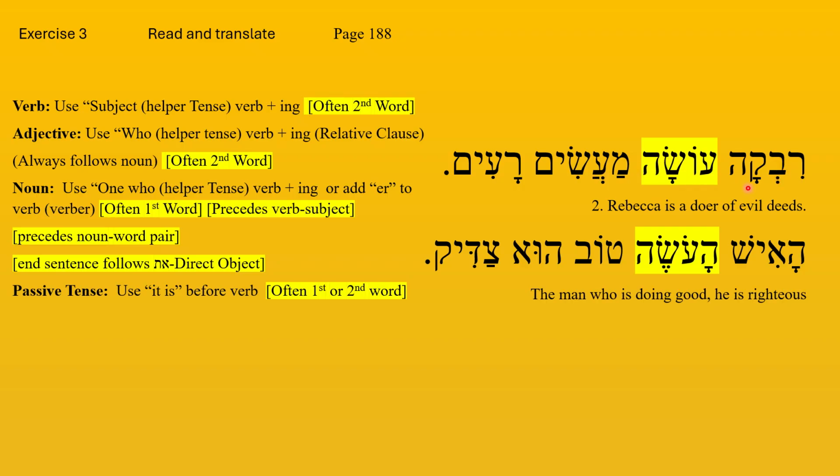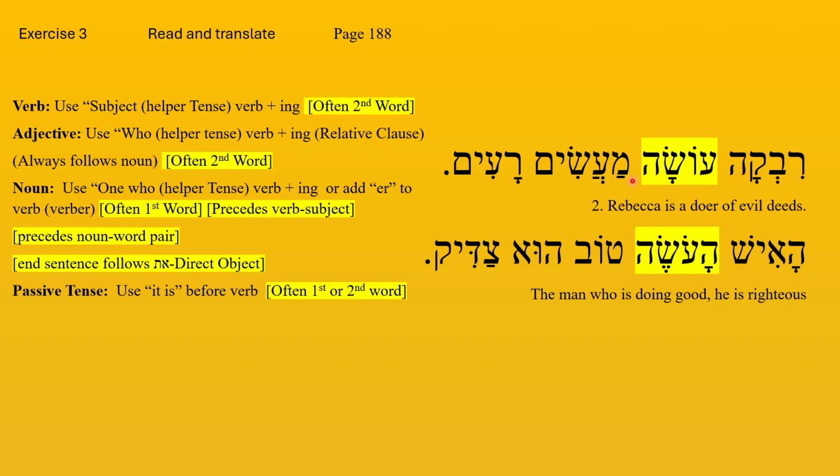So Rivka is, put in your helper tense, is a doer. Ose, do or make, is a doer of evil deeds. Okay, so that works as the verb. That's fine.